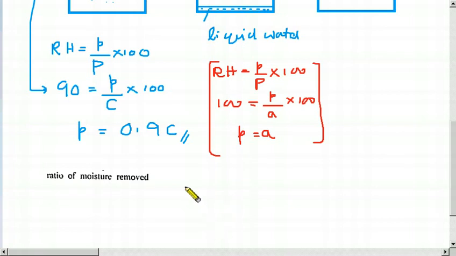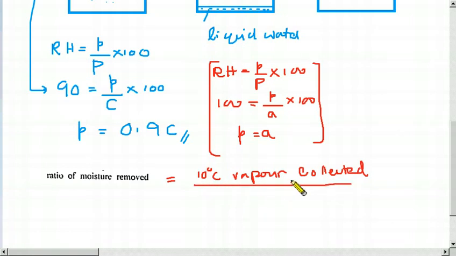So we can find out that using the vapor collected. That is the vapor removed.